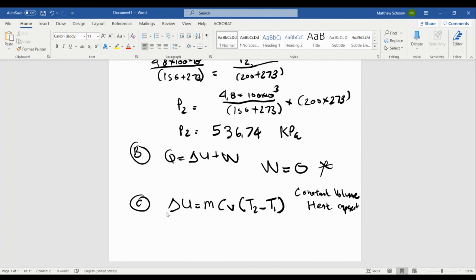And I'll explain to you again why. For change in U, always use your constant volume heat capacity, not CP, CV.